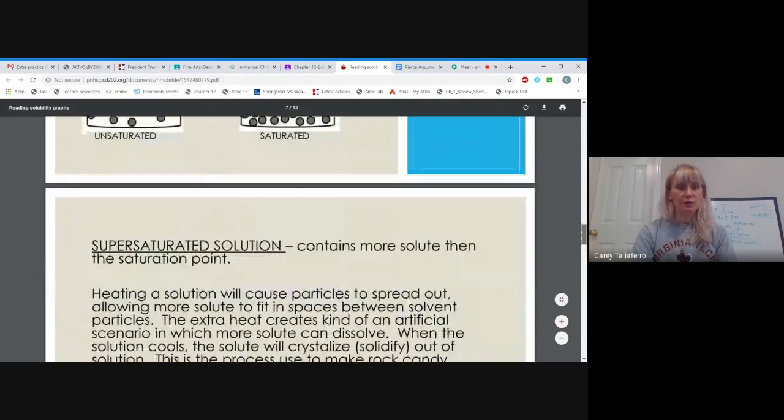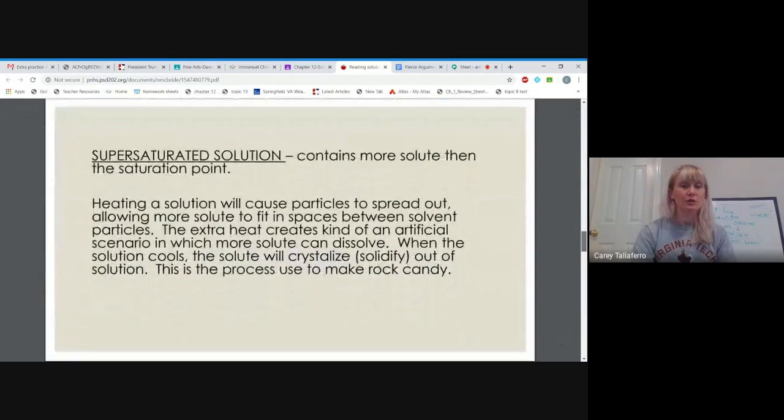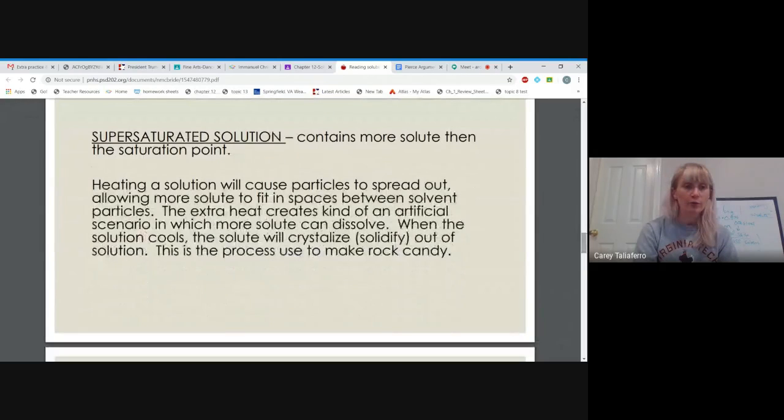Now, a supersaturated solution contains more solute than what would normally be the case, the normal saturation point. So remember, go back to the idea of what happens if you heat a solution that has solid particles dissolved in it. If you heat it, that solubility goes up. So that is how you would make a supersaturated solution with a solid solute.